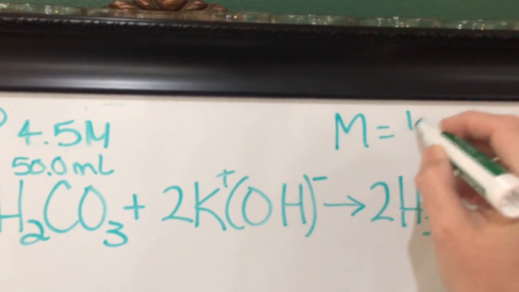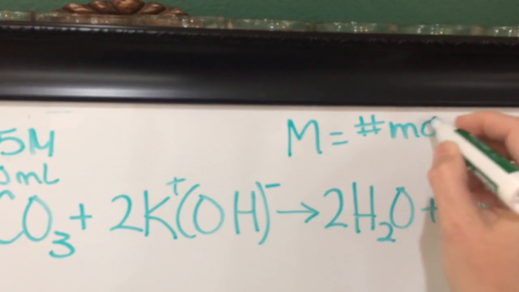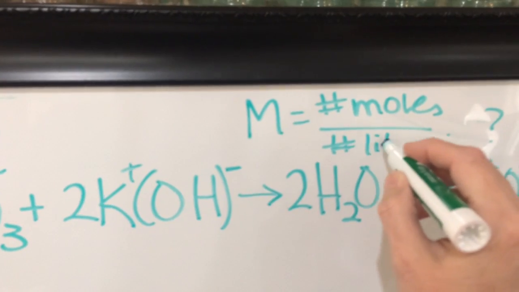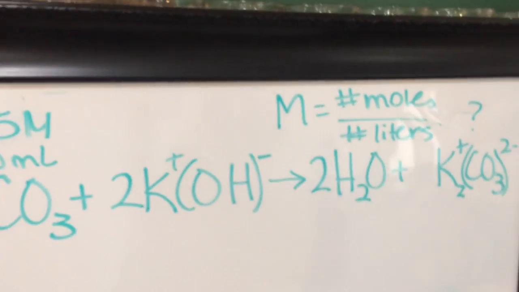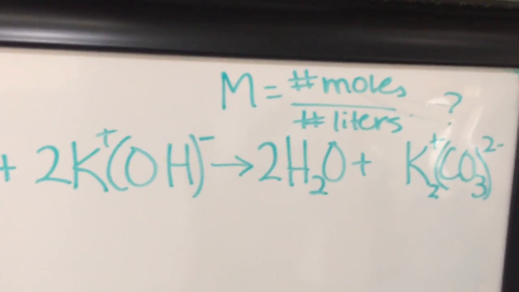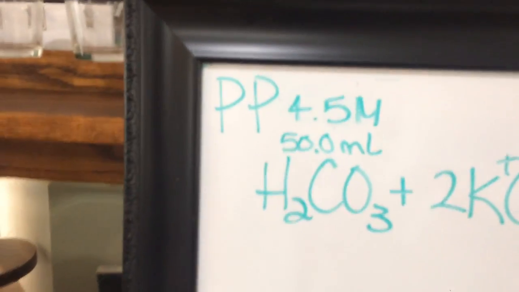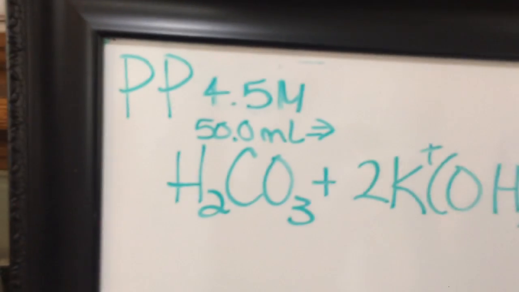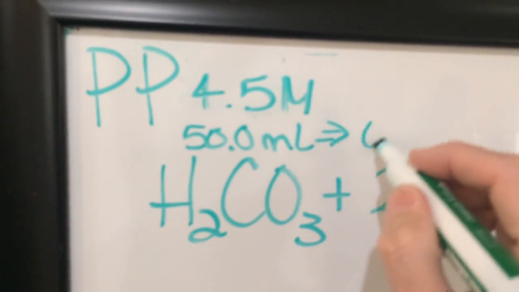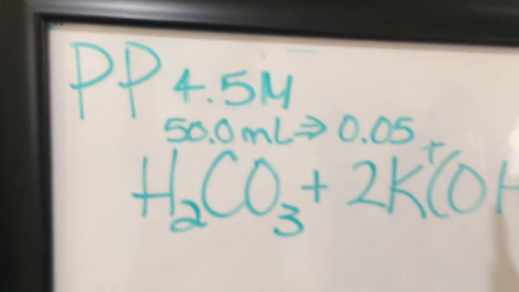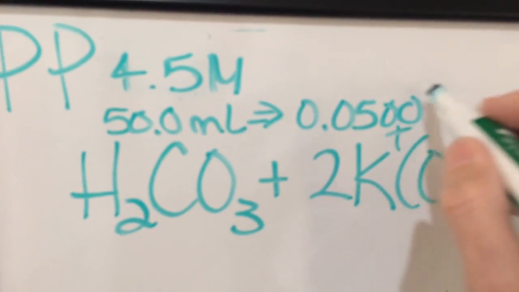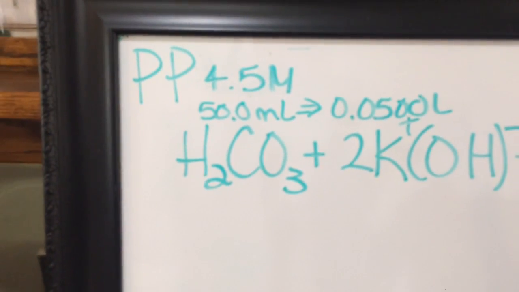Molarity equals number of moles over number of liters. So we can use this. Now we don't have liters, we have milliliters, so let's change this. You know how to do that, so I'm just going to tell you the answer, and it is 0.0500 liters.